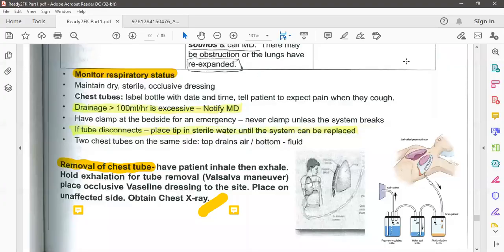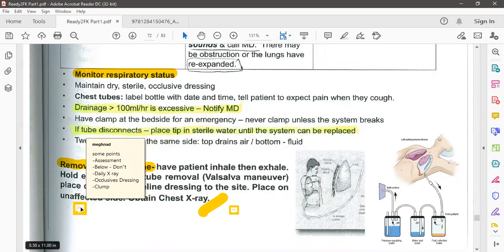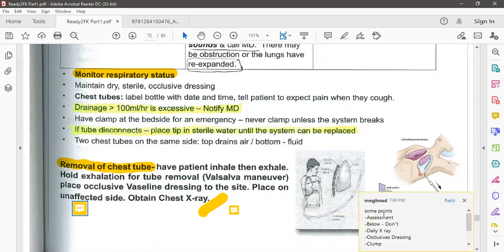Some points about care of a client with a chest tube. First of all, what we could do about the assessment. Assessment is very important. Assess the client for any respiratory distress or any added breath sounds, and whether vital signs are stable or not.